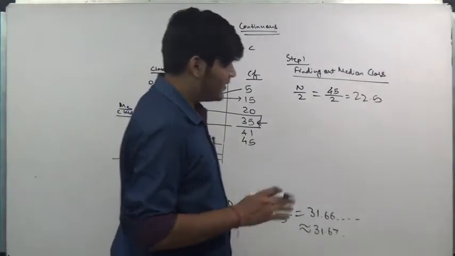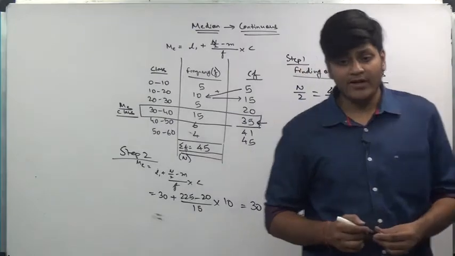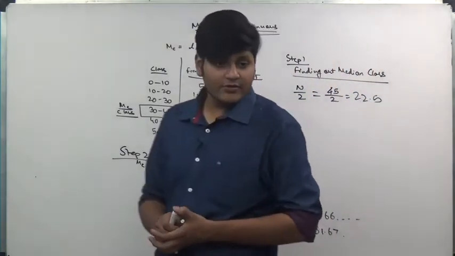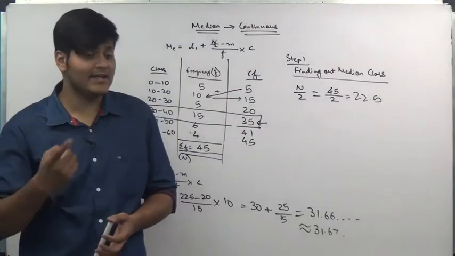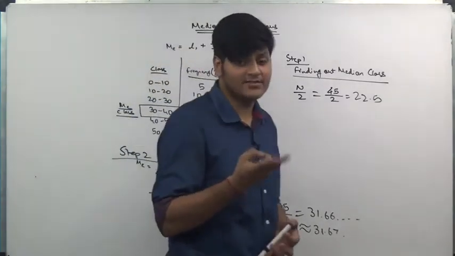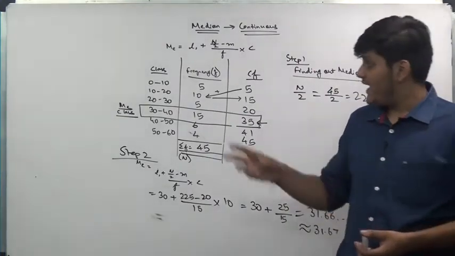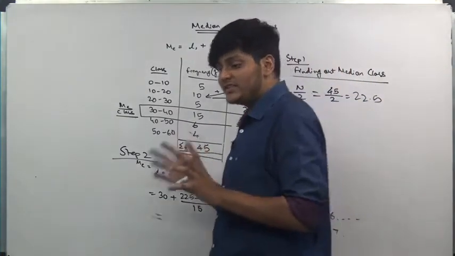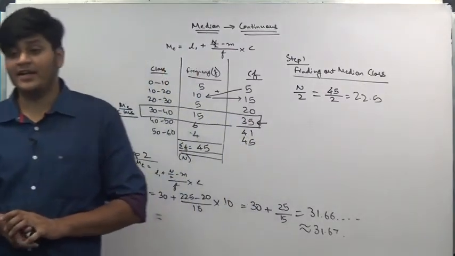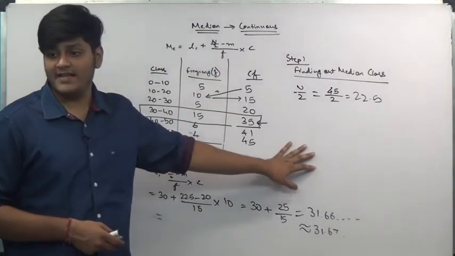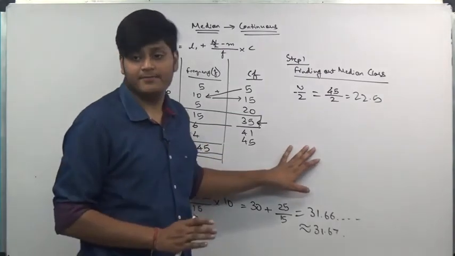Remember these things, these are very important. The mean videos are already live on YouTube. Arithmetic mean is there. There is another video for the step deviation method specially, because many people are confused regarding that. There is no step deviation method for median calculation. This is all that will maximum appear in your exams for median.